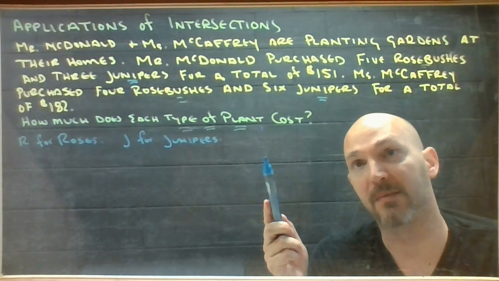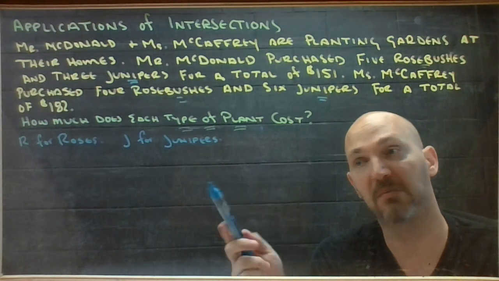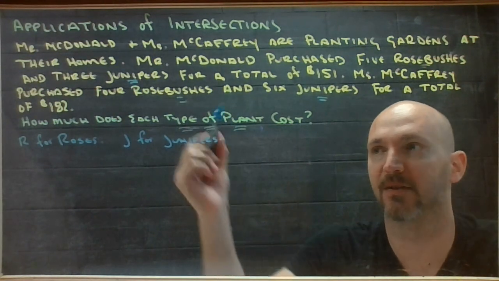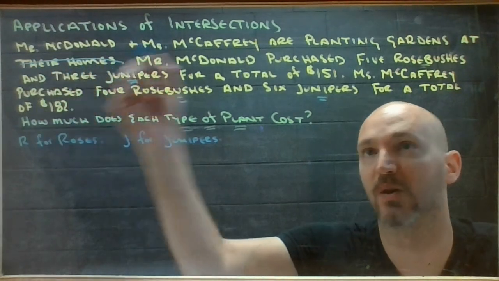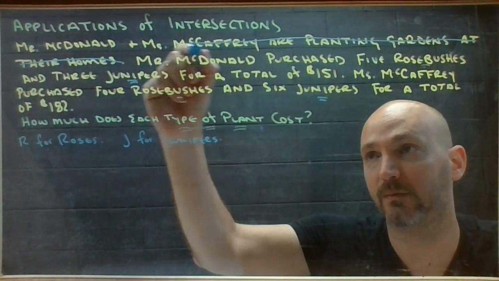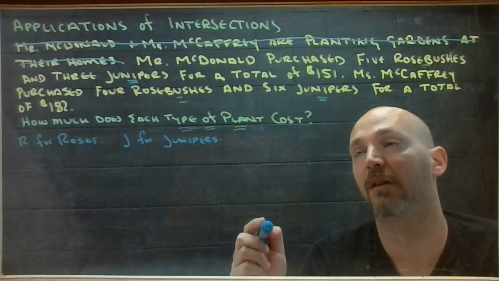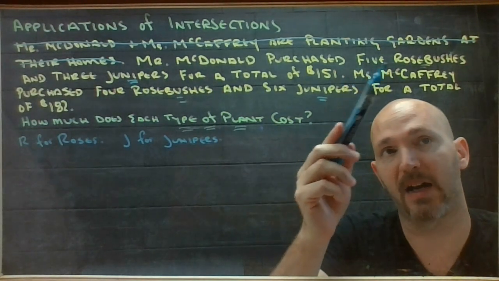Mr. McDonald and Ms. McCaffrey are planting gardens at their homes. No math information there, so we're going to strike it from the record. Don't worry about it. Mr. McDonald purchased 5 rose bushes.